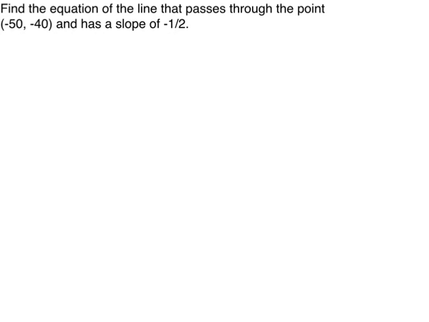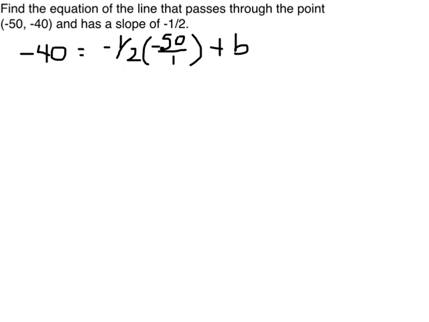Alright, y is negative 40 equals negative 1/2 times negative 50 plus b. I'm going to do the math here. Negative 40 is equal to positive 50 over 2 plus b.